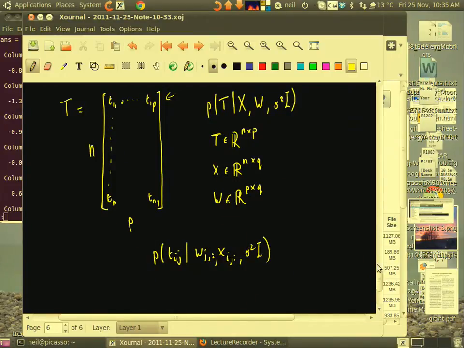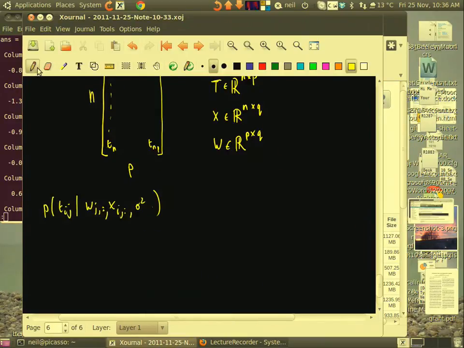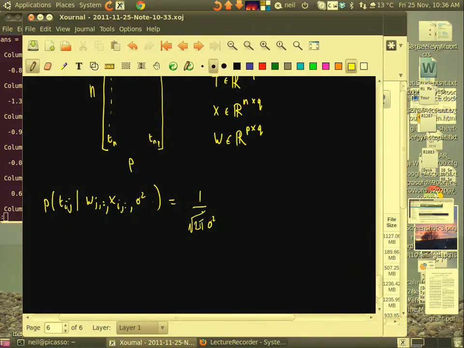Okay, so those are the sort of inputs, and what we're saying is that this thing here is going to be Gaussian, with Tij minus Wj,: transpose xi,: squared over sigma squared.